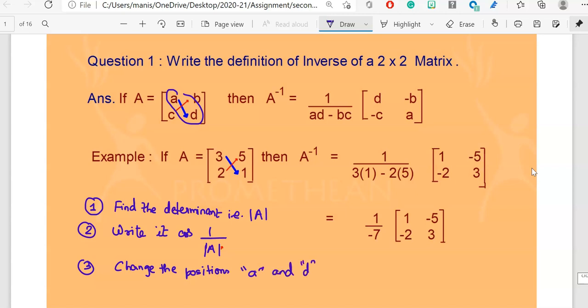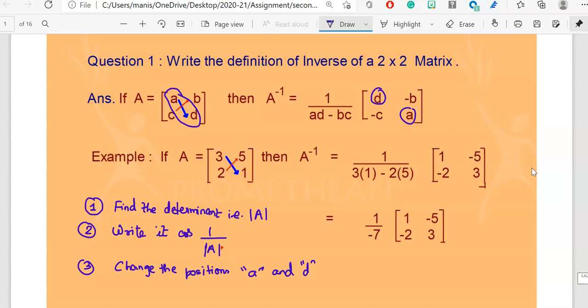You flip their position. If you look at this matrix, you can see this is your A, this is your D. What I've done is I have changed their position. So A came to the D place and D came to the A place.